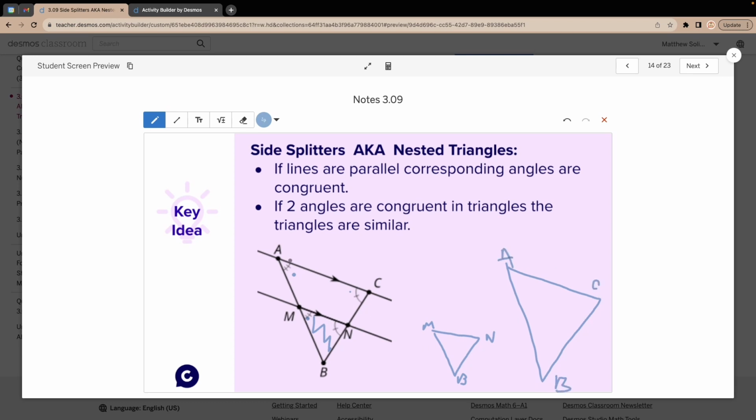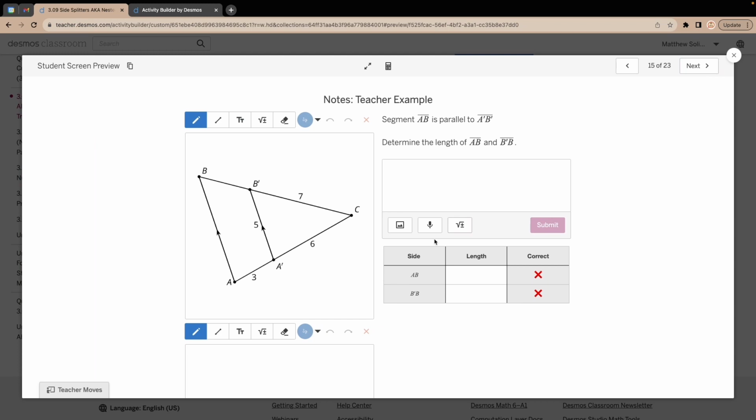So those are the similar triangles because angle A is corresponding with angle M, and angle C and N are corresponding. And then angle B is the exact same angle in both triangles, so that has to be the same. So all three angles are the same, so they're similar triangles. So we can use all the properties of similar triangles we've talked about so far this unit.